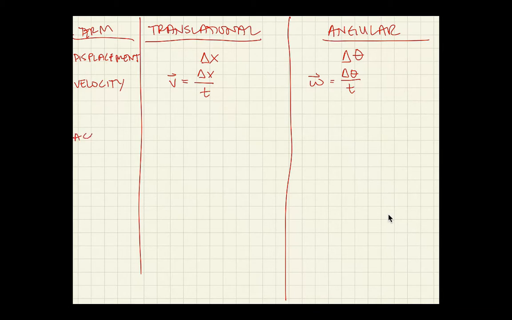Acceleration, translationally, acceleration was equal to change in velocity over time. Well, rotationally or angularly, alpha is going to be equal to the change in the angular velocity over time.